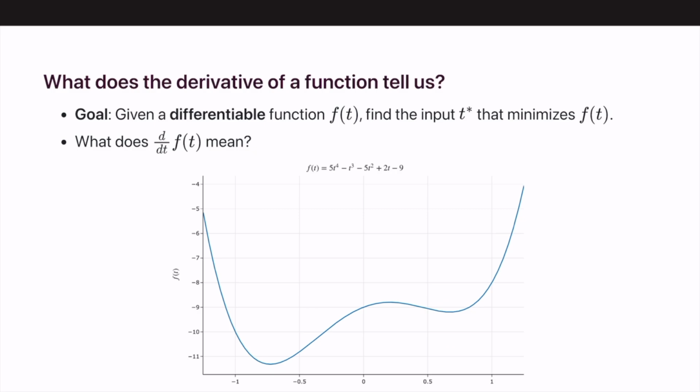And a derivative taken at any point on this line, when we have a tangent line, for example a point right here, the slope of that tangent line tells us about the derivative.